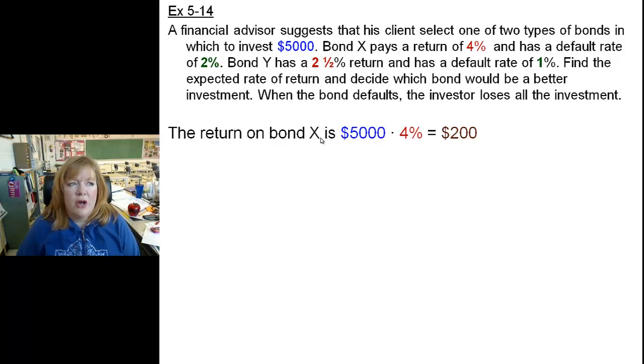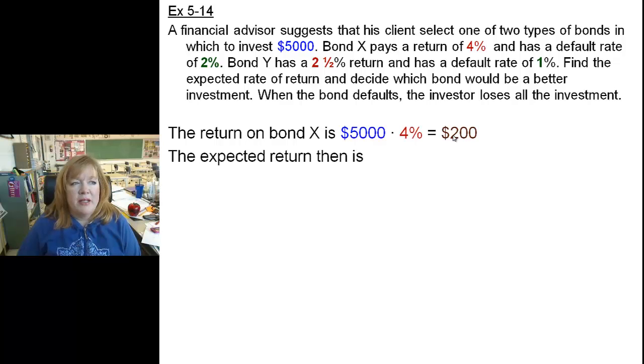So the return on a bond, if you win, so this is like the win-loss, is 5,000 times 4%, which gives you $200. Now you can set up a table for this as well. I didn't set up a table on the notes, but you can. So if you win, you'll get $200. If you lose, though, you're going to lose $5,000.